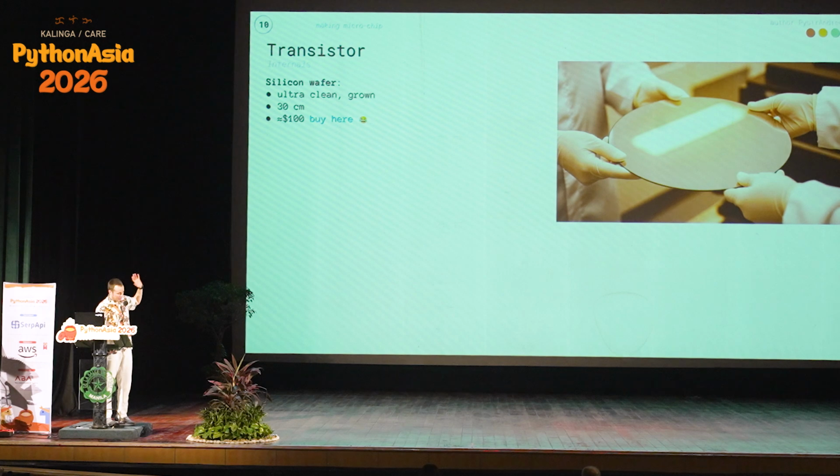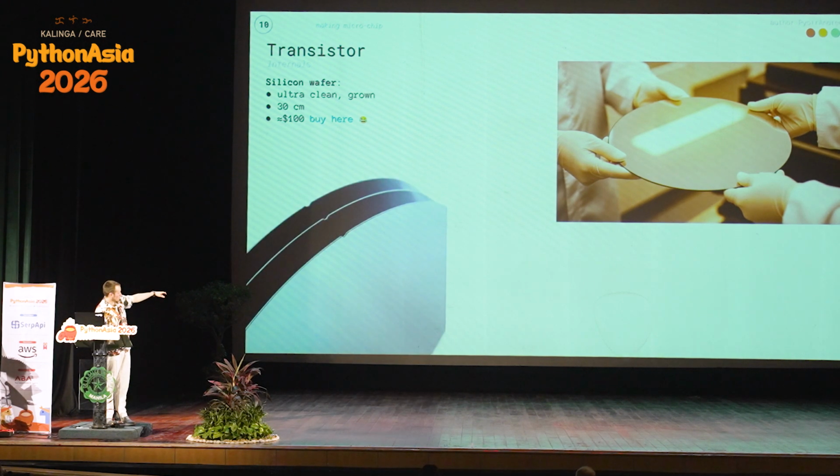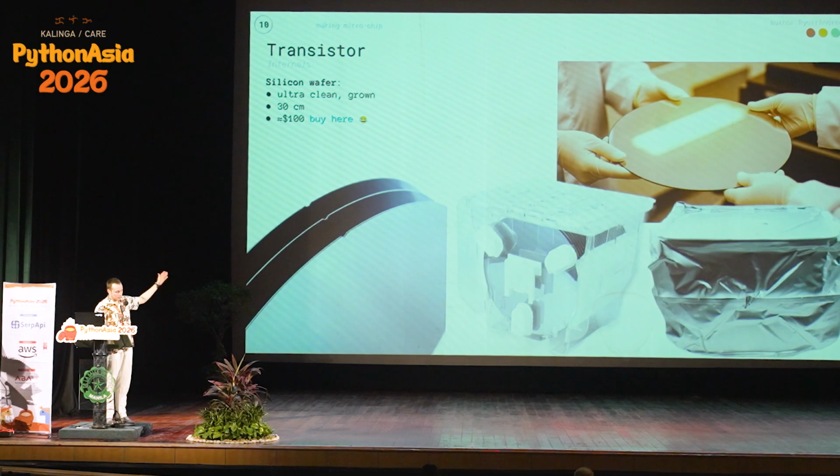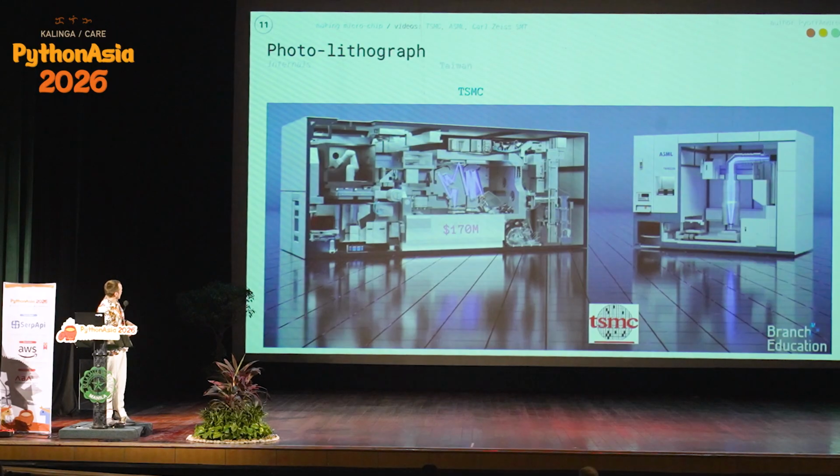Okay, first, we have a wafer. This is called a wafer. It is supplied to manufacturers, in those containers, manufacturers like TSMC. And it costs $100. It's an ultra-clean ceramic, a slice of ingot.